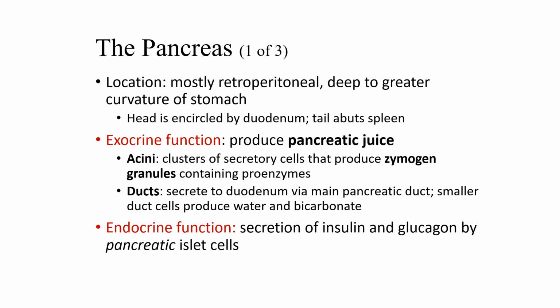Pepsin breaks down proteins. And then the ducts of the pancreas are going to produce water and bicarbonate by the duct cells, which are going to join the proenzymes and then be pumped out into the duodenum.